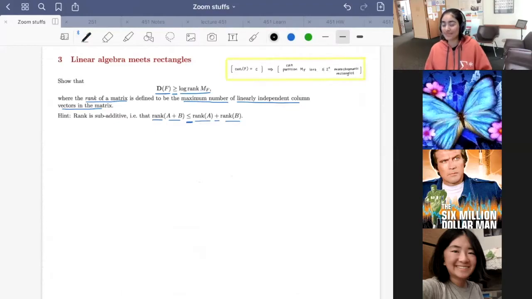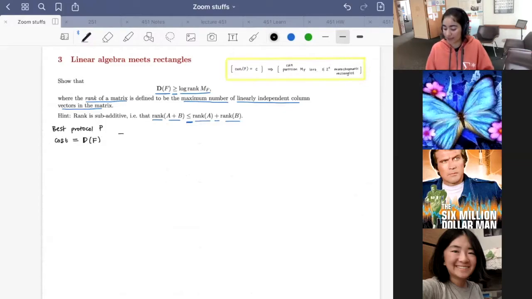So this problem is definitely a bit more involved, so let's just step through it. The first thing to notice is if we first apply this theorem, we know we've got the best protocol P for our function f. By definition, its cost is going to be the deterministic complexity of our function f.